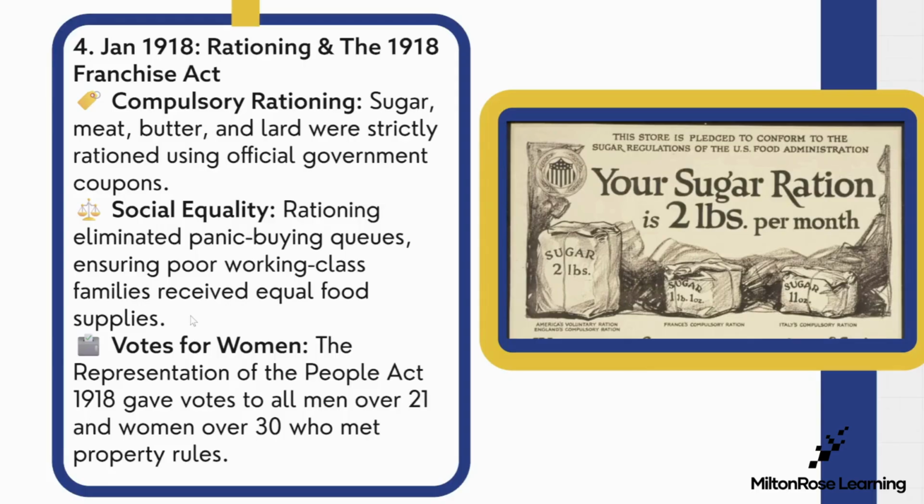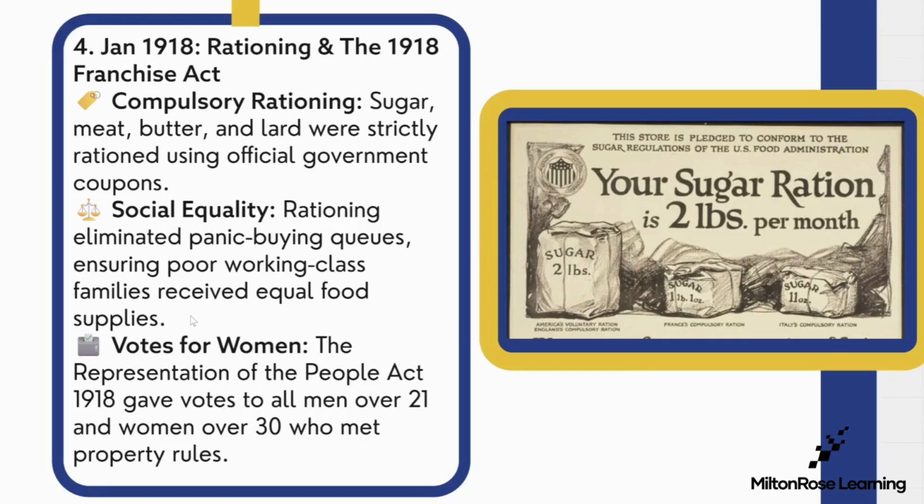Social equality, up to a point. Rationing eliminated panic buying queues, ensuring that poor working class families received equal food supplies. Like I say, there was a bit of a black market like there always is, so the rich could still supplement with luxuries, but generally it ensured the working class got their fair share of calories.